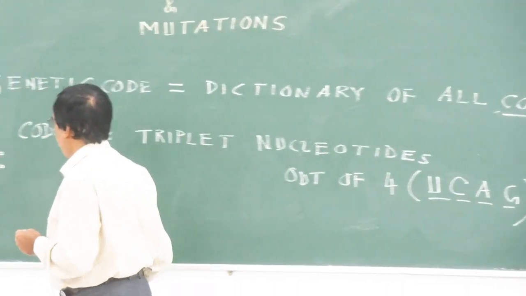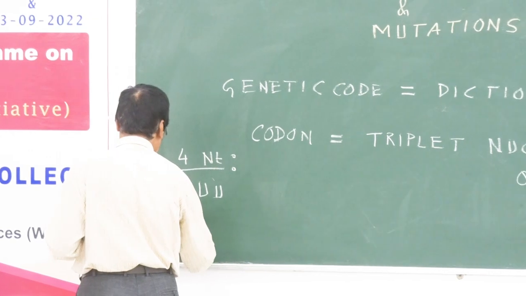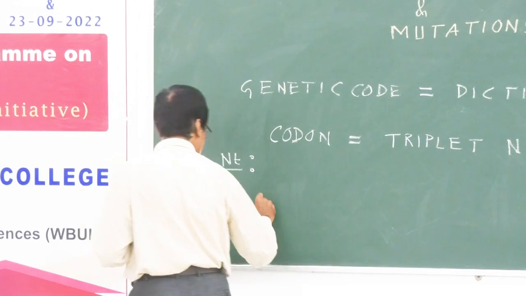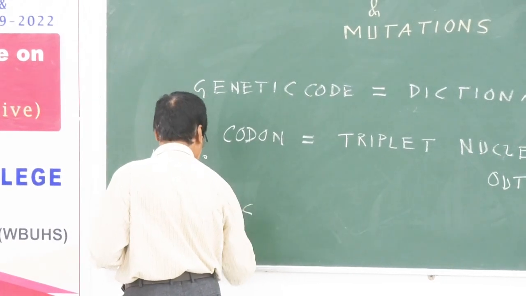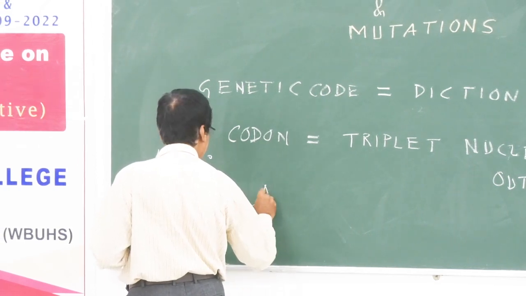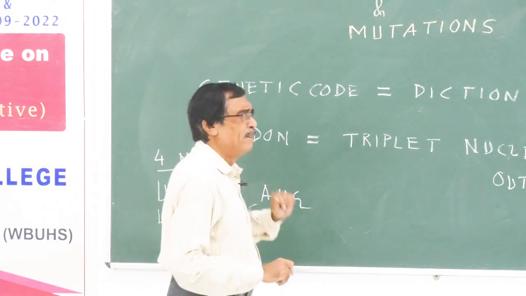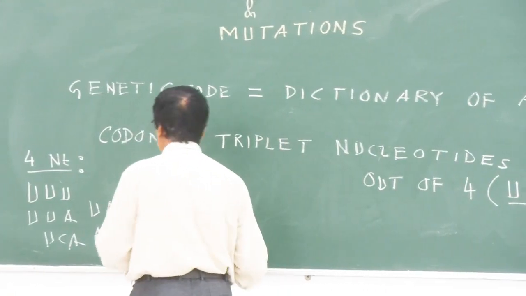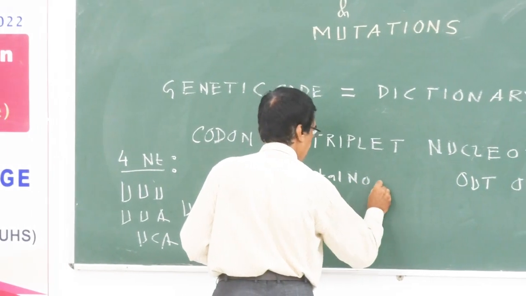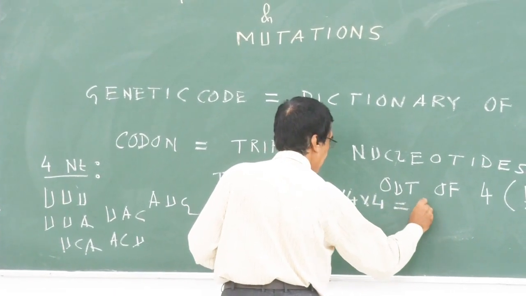One nucleotide may be like this, it may be like this, it may be like this. Now what may be the total number? The total number will be 4 into 4 into 4 is equal to 64.